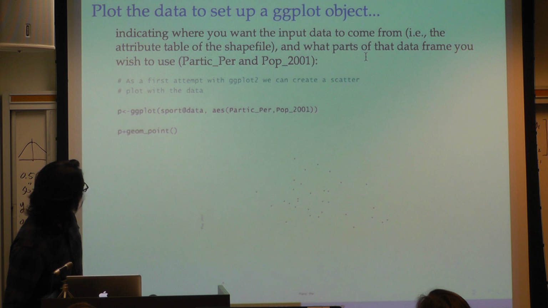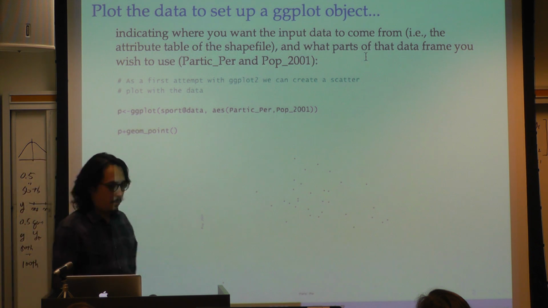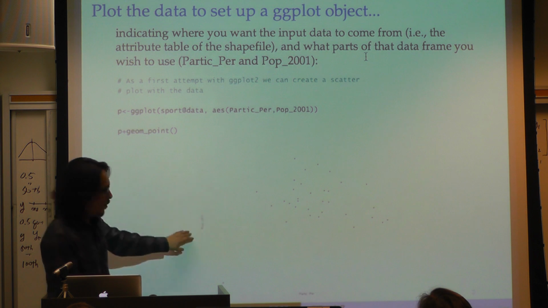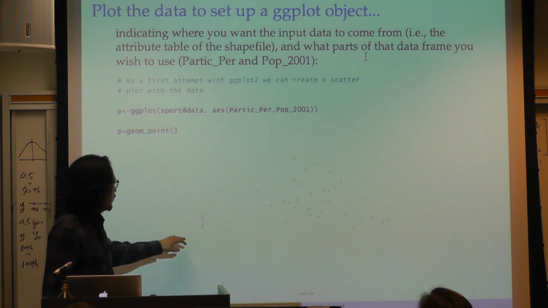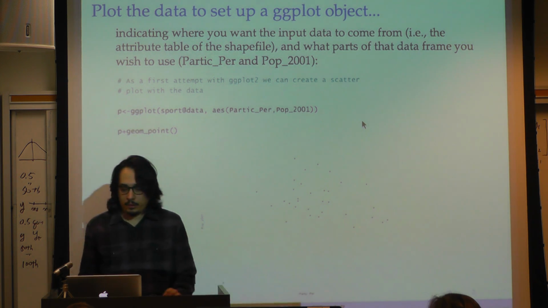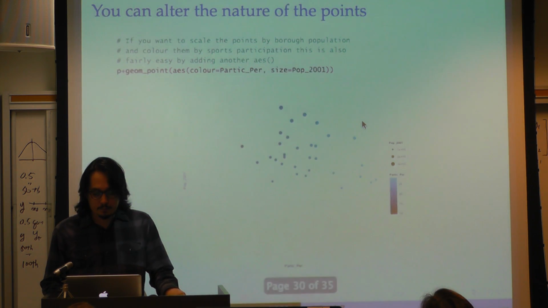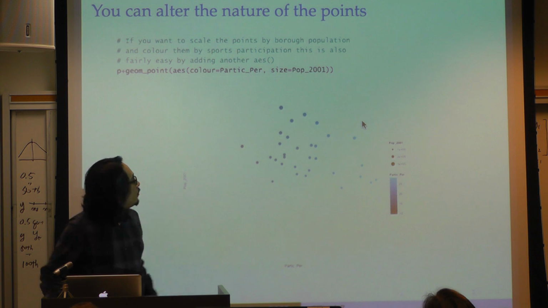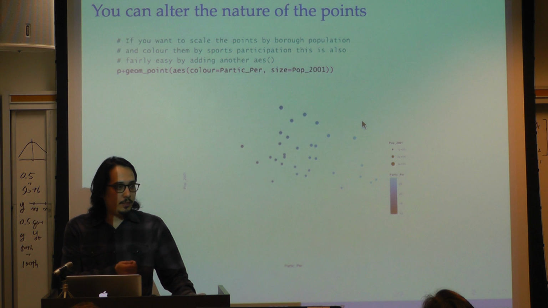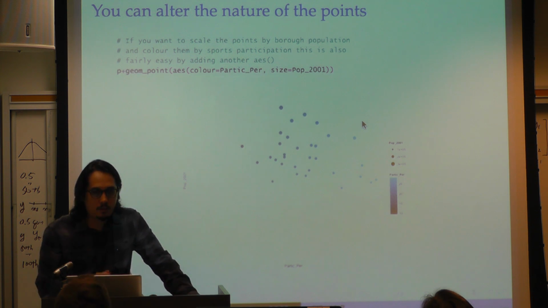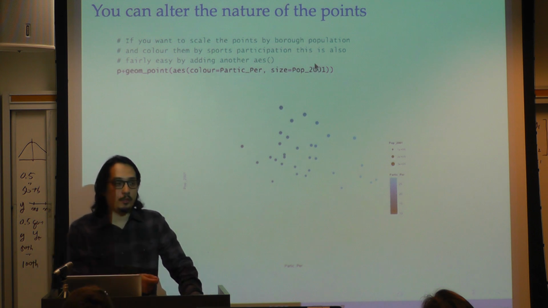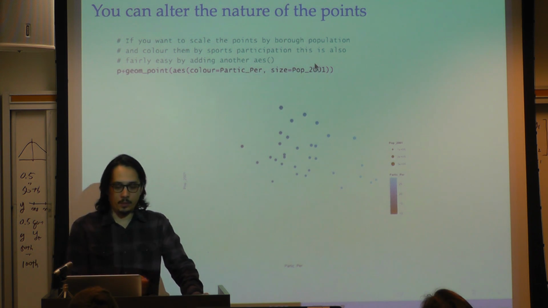You cannot see the graph very well, actually, but this looks like a regular ggplot, and on the y-axis you have the population, and on the x-axis you have the participation in sports. This one looks a little better. Here I'm just changing the size of the dots using the population of each borough.